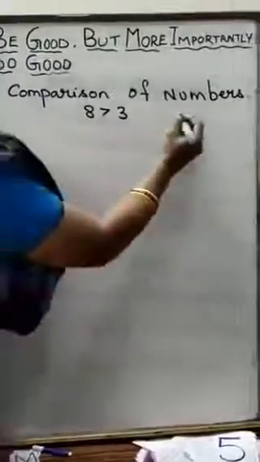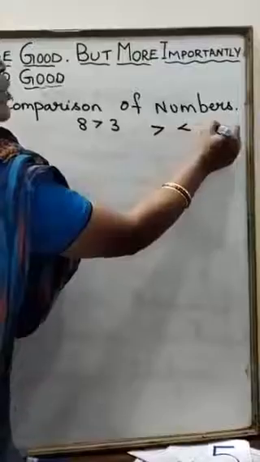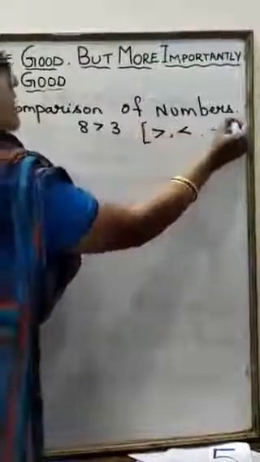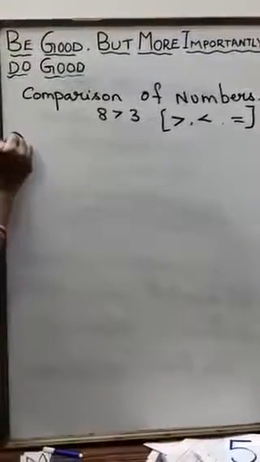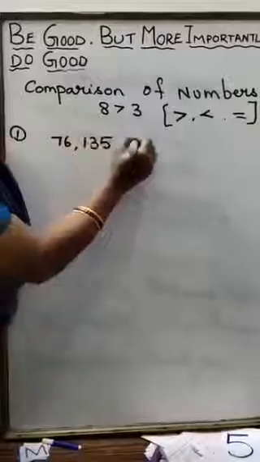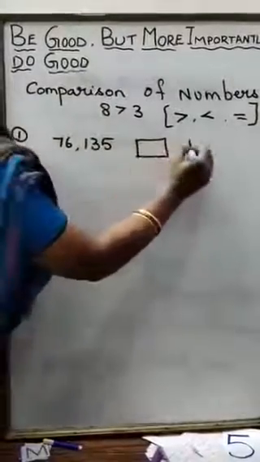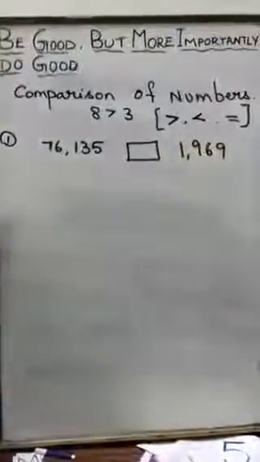For comparing numbers, we use three symbols: greater than, less than and equal to. So these are the three symbols we use to denote comparing numbers. So first, we took two numbers here.